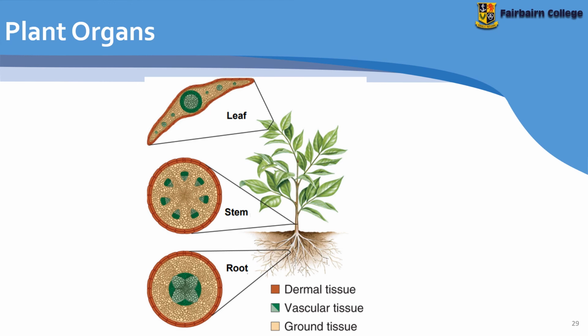Okay, so that is it for plant organs. We've looked at all three organs in depth, and we looked at all of the tissues found in these organs, and we discussed the function of all of the organs. So that's the main way to determine whether you understand this: ask yourself, what is the function of each of the organs, and how does the structure of the organs allow each of these functions?